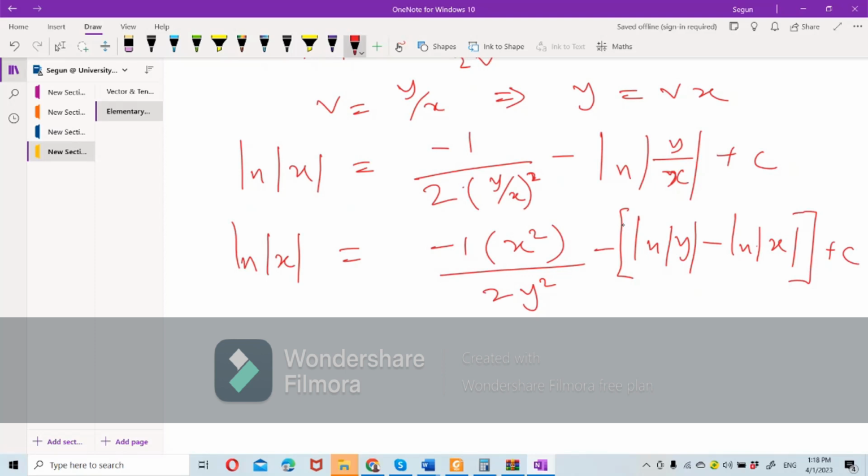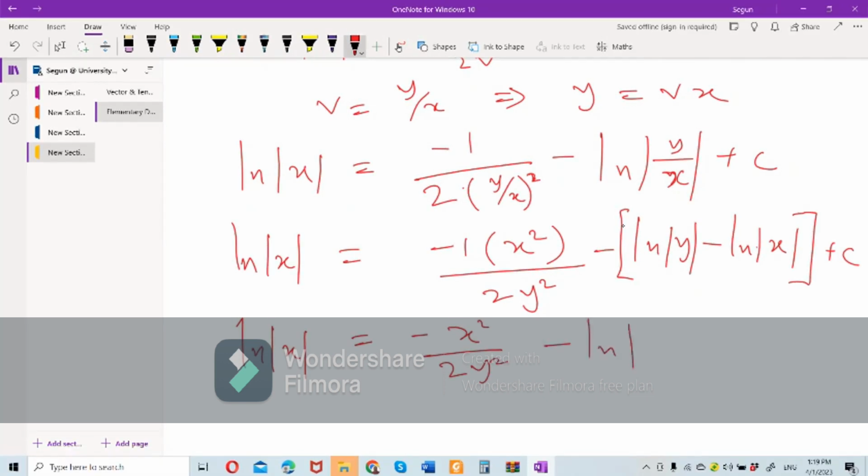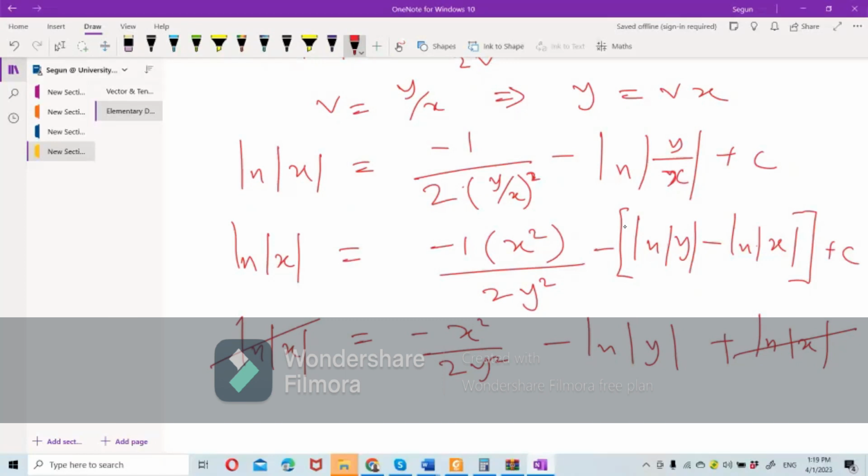So at the end of the day, what do we have here? We have ln absolute value of x equals to minus x squared over 2y squared minus ln y plus ln x. This ln x, we cancel this one. So we are very close to the final solution.